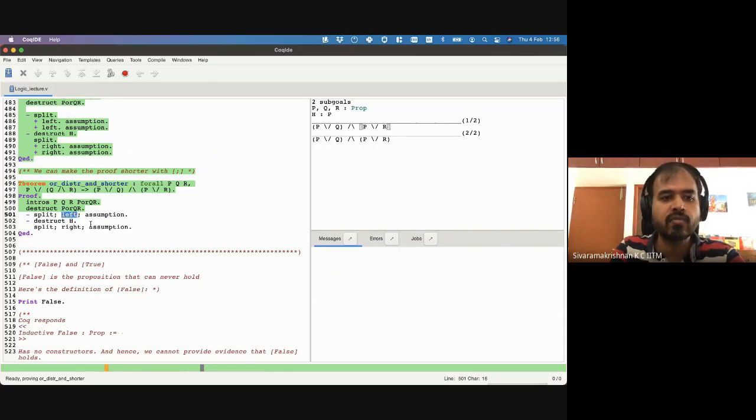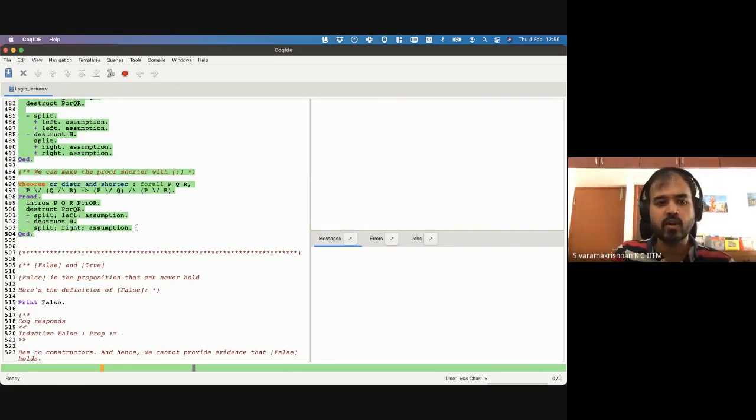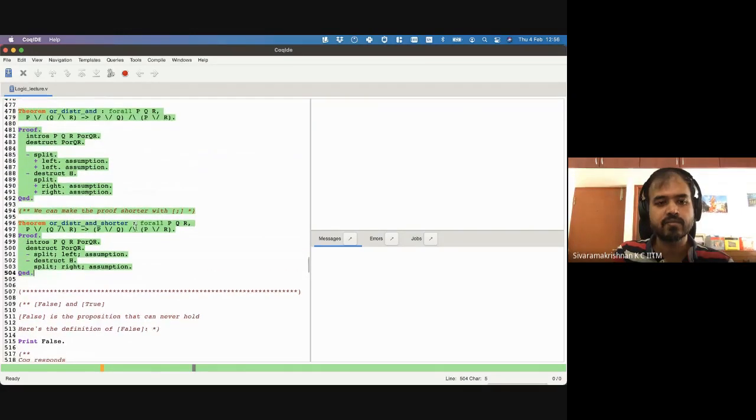On that, do a left and then do an assumption. And after splitting here, we are doing right and assumption. So just do the same thing. So semicolon says on both of the subgoals, apply right followed by assumption. So you can make the proofs a little bit shorter using this.